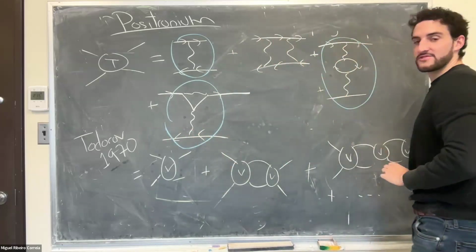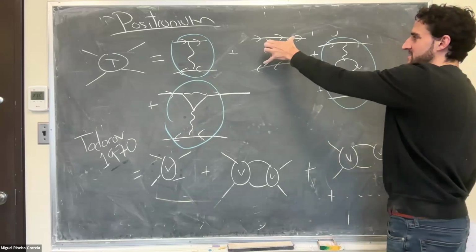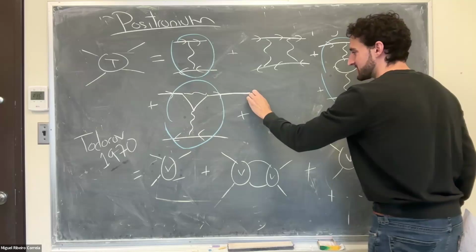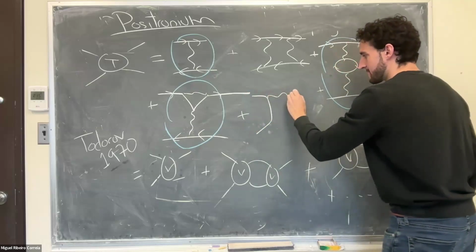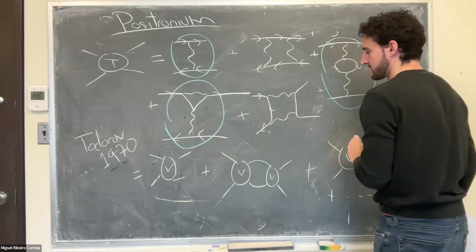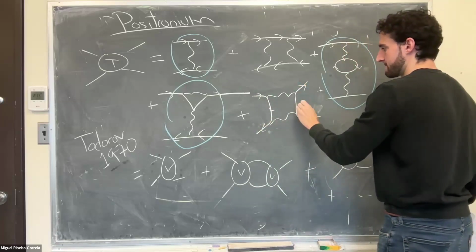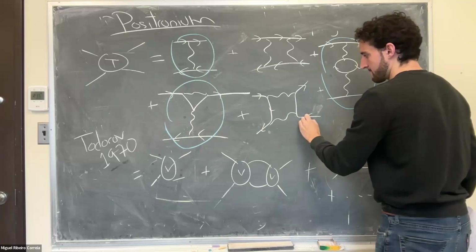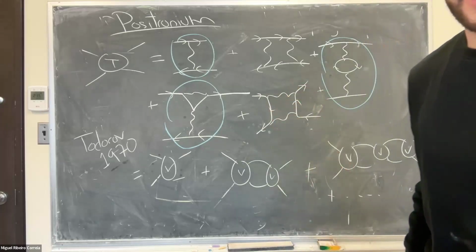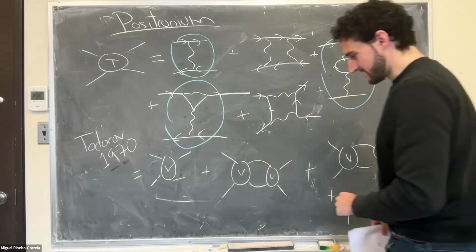So there's another diagram you can draw, which is basically flipping this guy. So there's a diagram which is this one. Here. Okay. This diagram here, I can draw this diagram for positronium. I cannot draw it for hydrogen.